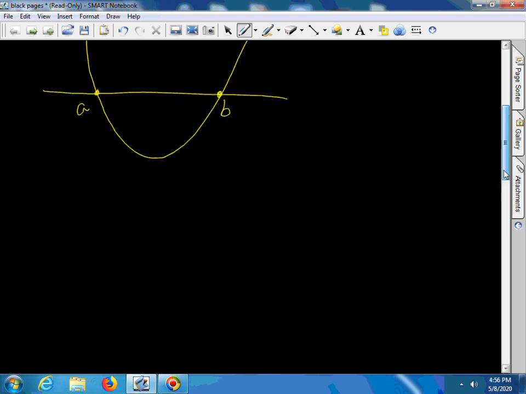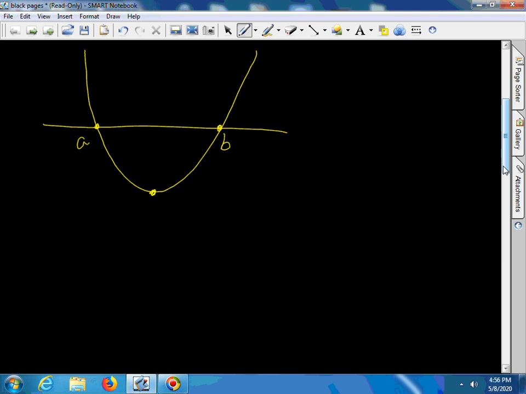Due to symmetry, that x value is going to be a plus b over 2. And even if the graph went this way, that highest point, due to symmetry, is going to be right in the middle of a and b.